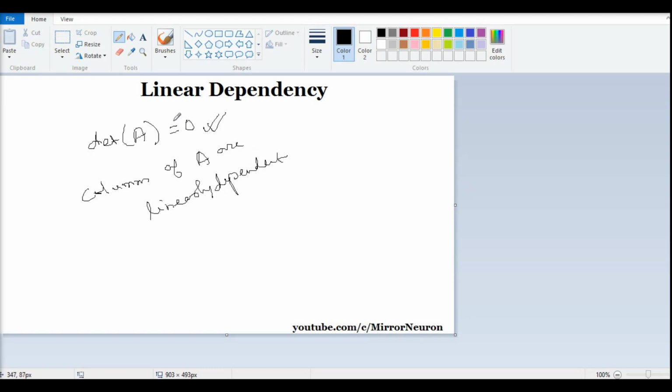And if it is not equal to 0, then we know that they are not dependent. We have also seen other examples, so the determinant of A is a very good tool to find out many things. Last time we saw the matrix inverse, and today we are seeing it for column linear dependency.